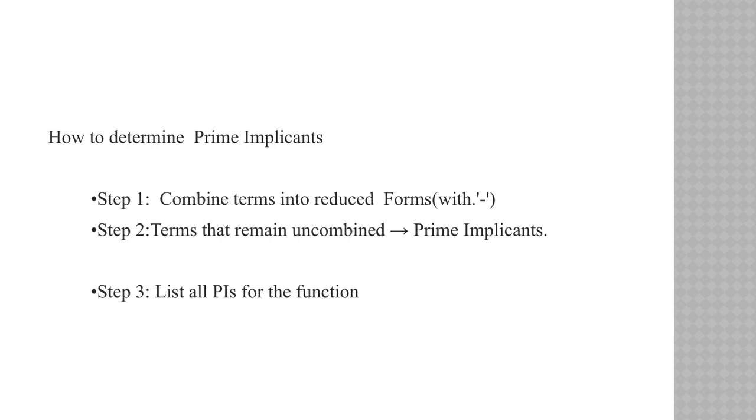They represent the essential parts of our minimized expression because they cover the parts of the function that can't be simplified further. And finally, once we've identified these, we list all the prime implicants for the function. This list is crucial because it forms the foundation for constructing the minimal sum of products or product of sums. Remember, understanding how to identify prime implicants is fundamental in simplifying logic functions efficiently.